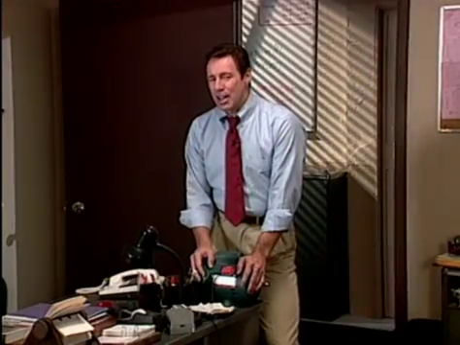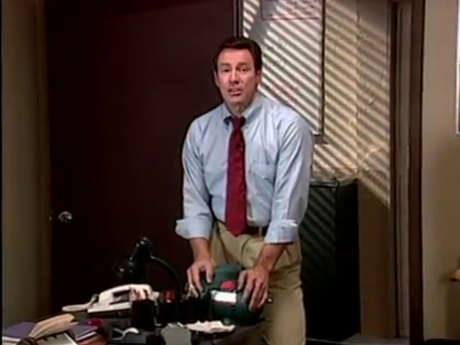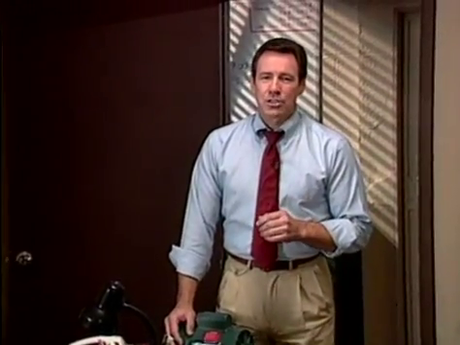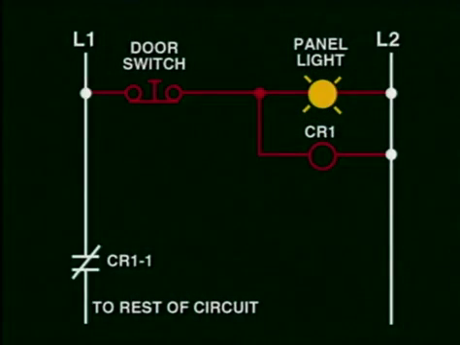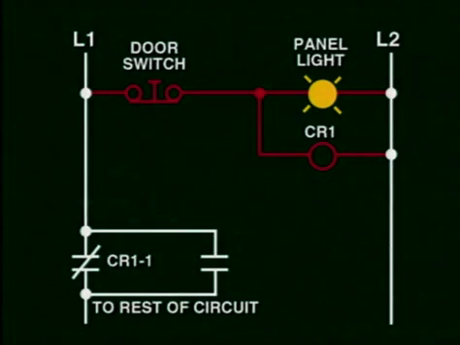But what if your boss asks you what happens if someone needs to troubleshoot the circuit with the door open and needs the power? The easiest way to solve this problem is to state it like this. If the door opens, we need to bypass the power that has been cut off by the contacts of the control relay CR1. This can be done by placing another set of contacts in parallel to CR1-1.